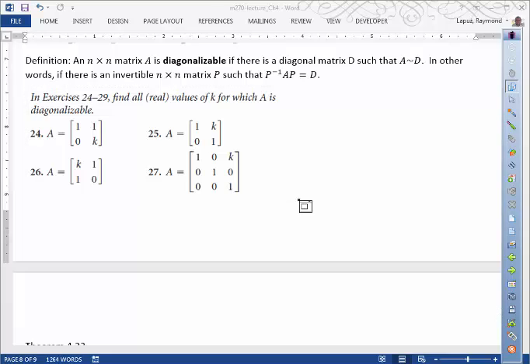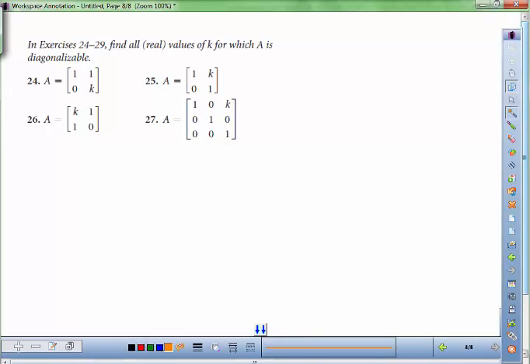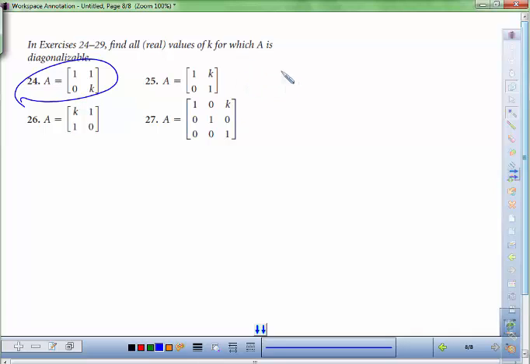Should we just stick with a 2 by 2 matrix? Let's do 24. Find real values of k for which A is going to be diagonalizable.